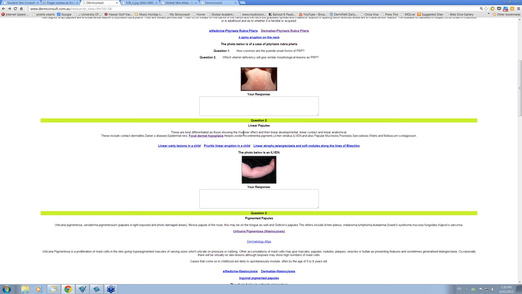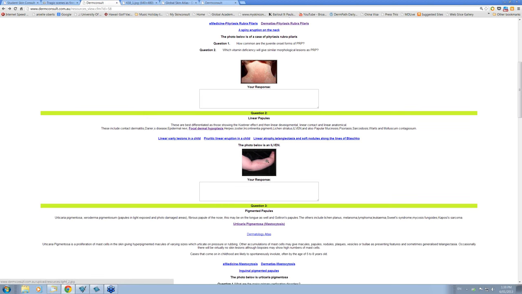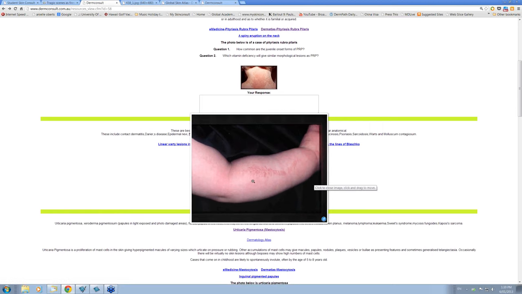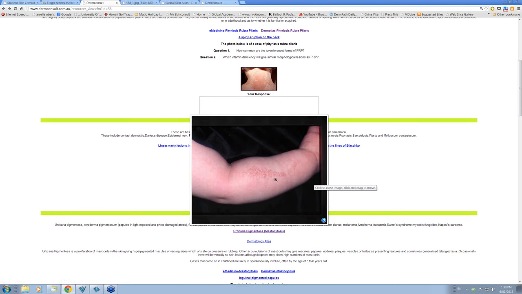So, linear things. Remember the Koebner, linear developmental, linear contact, linear anatomical, for the reason. And this was the photo of an inflamed linear verrucous epidermal nevus. And you can almost see the psoriasiform look, red scaly look to the surface of this.